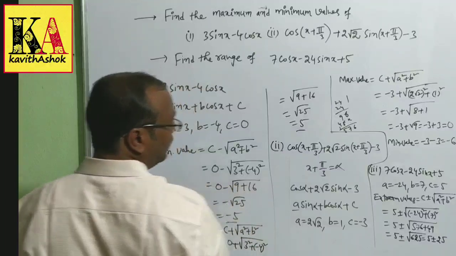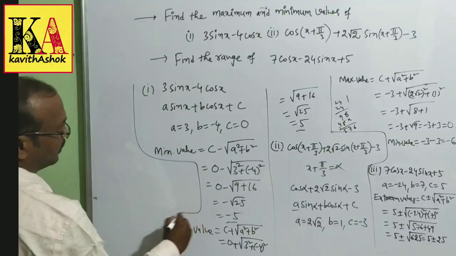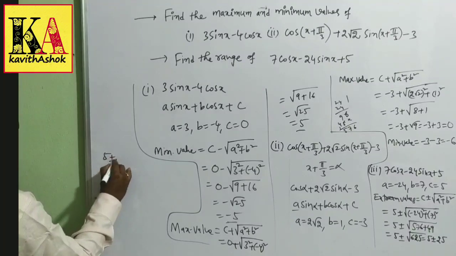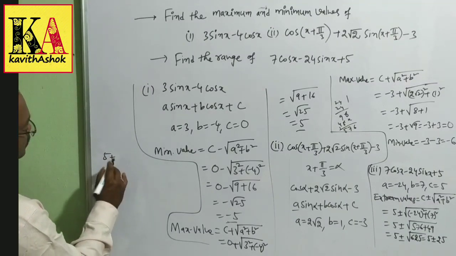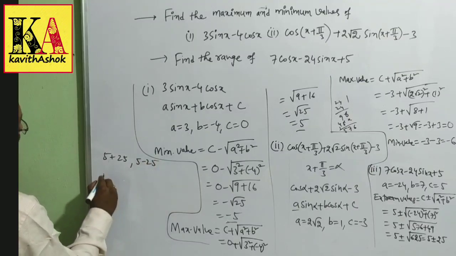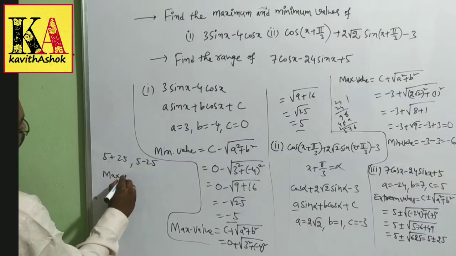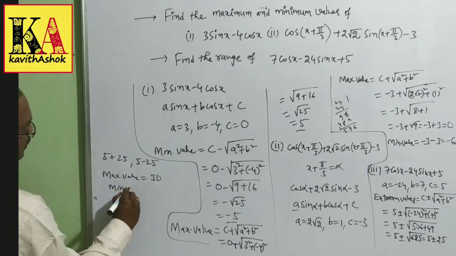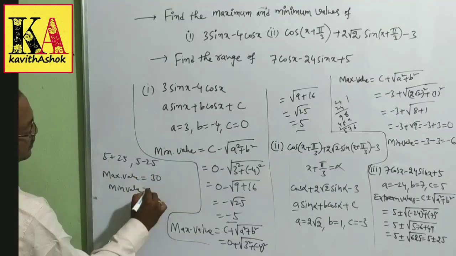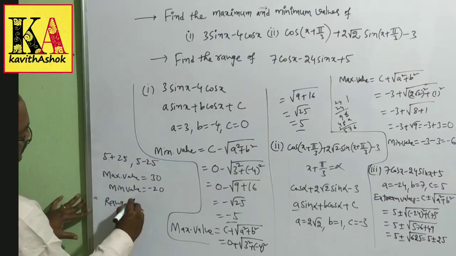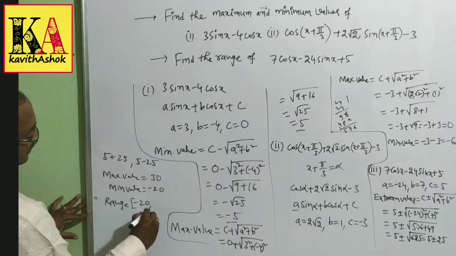Then finally what we can get here, 5 plus 25 is 30 and 5 minus 25 is minus 20. Maximum value is equal to 30 and minimum value is equal to 5 minus 25, minus 20. So range is equal to minus 20 comma 30.